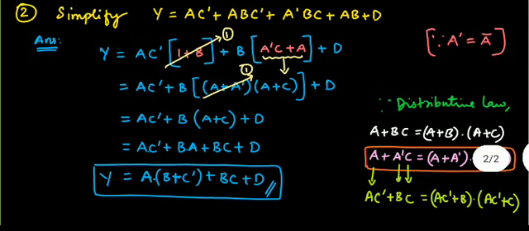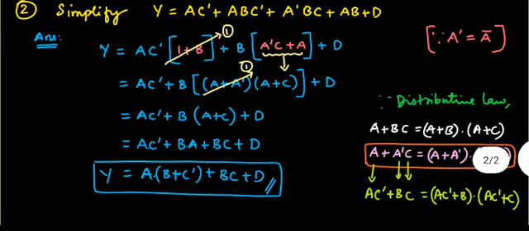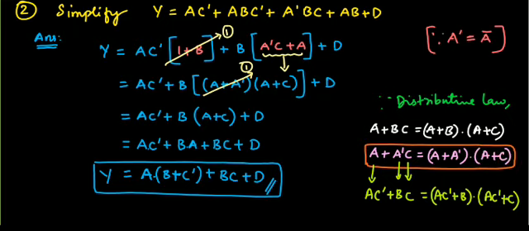So in the first step, what we actually did, ac' variables are common in first and second term. So if I take ac' as a common variable from first and second term, what you will be getting inside the bracket? 1 plus b, and value of 1 plus b is 1.